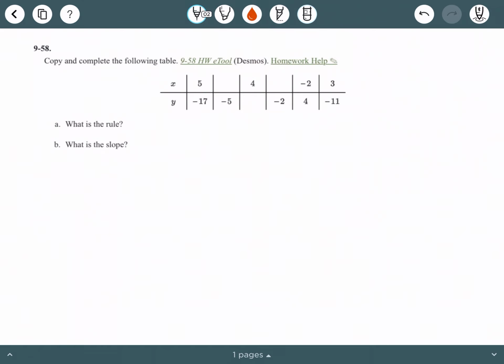So our rule is going to be in y equals mx plus b form, also known as slope-intercept form. So I know when I'm dealing with a table, I need to figure out what is my m and what is my b.